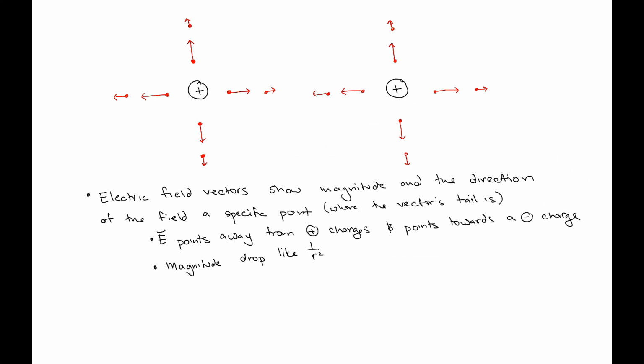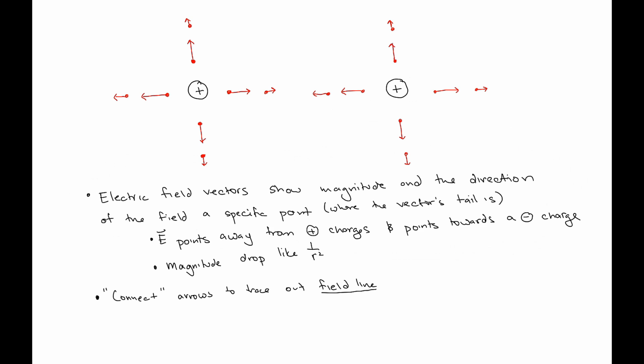Okay, so there's another commonly used technique to depict the field, and that's to draw field lines. To draw the field lines, what I'm really doing is connecting or tracing through these electric field arrows, these vectors. So I'm going to connect arrows to trace out what's called a field line.